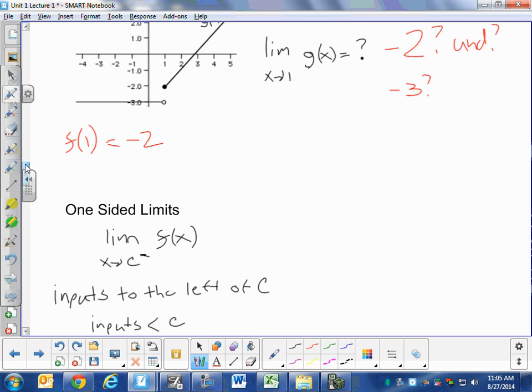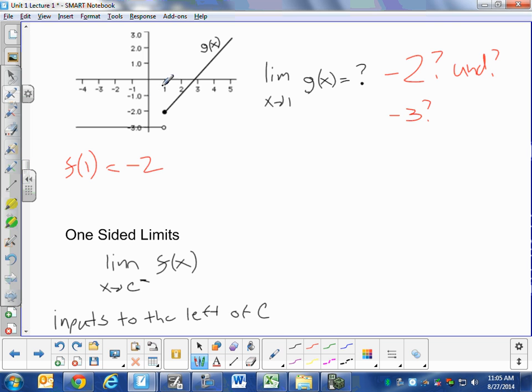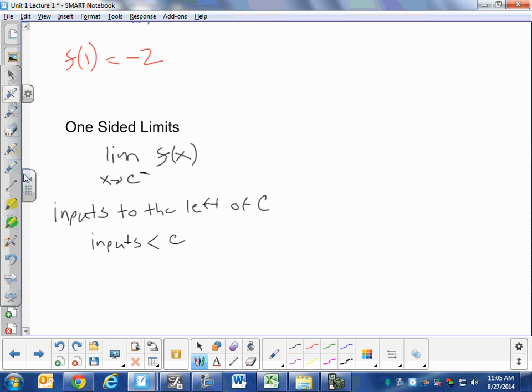If we think about to the left of 1, we're looking at numbers less than 1 over here to the left of it. This is called a left-hand limit, or LHL for short.